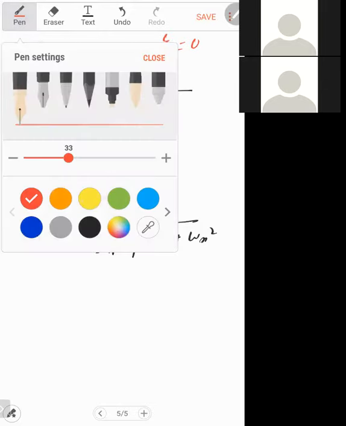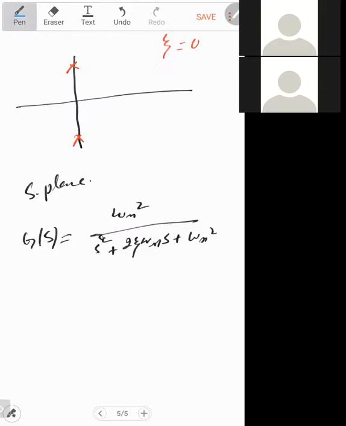Number two is when zeta is greater than 0 but less than 1, then you have the two symmetrical roots above and below the horizontal axis, the real axis, and they lie in the left hand side.